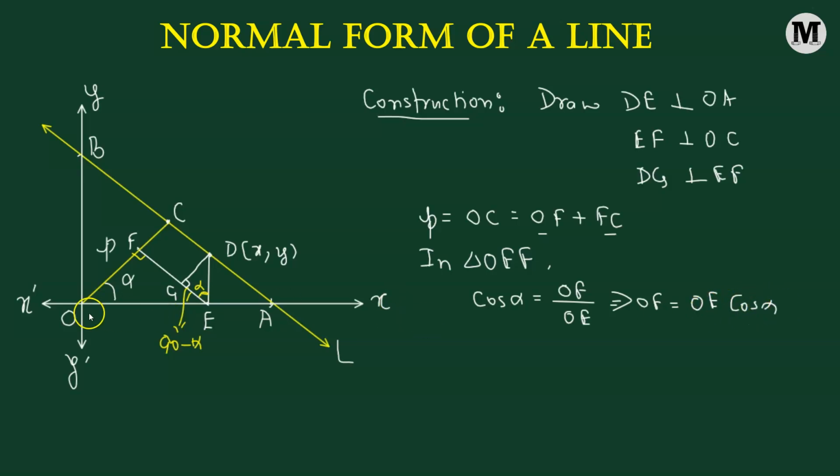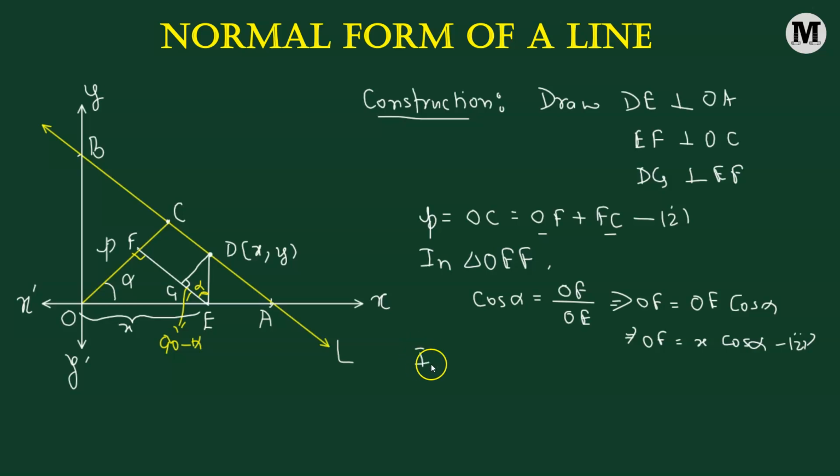Now what is OE here? Since we considered the coordinates of point D to be x comma y, clearly the length of OE is equal to x. So OF is equal to x cosine alpha. Let's label this as number 2. The equation for P is going to be equation number 1.